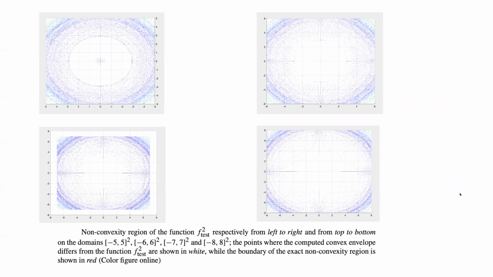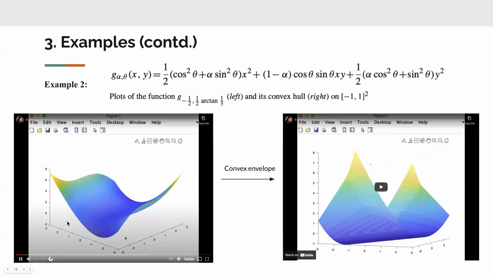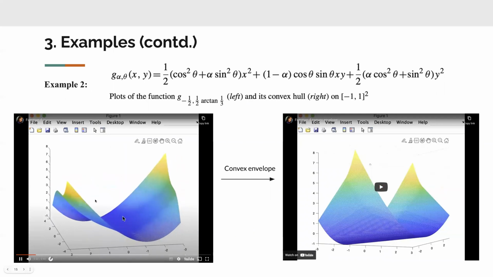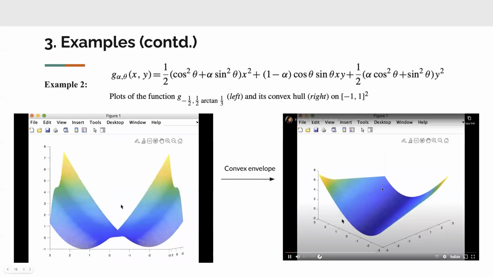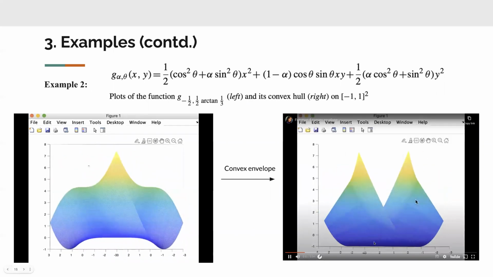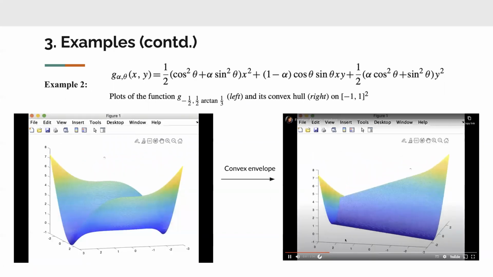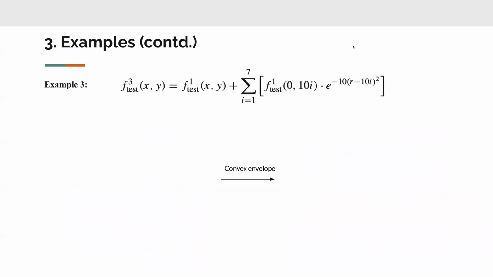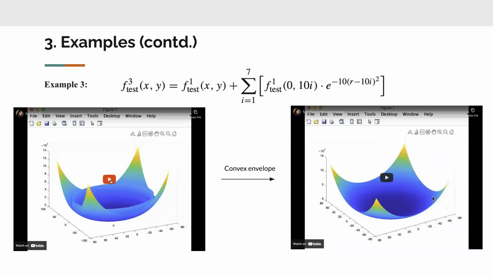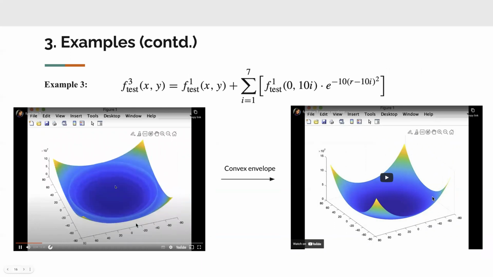We'll move over to the next example, and here is my next example. We have another non-convex function here, and we have successfully found the convex envelope of the same. And here you can see there's a slight upper bump, and here it's straight, and that's the convex envelope. Then the third example is this one, and this is a pretty nice and weird function. You can actually see there are straight lines coming up in this function.